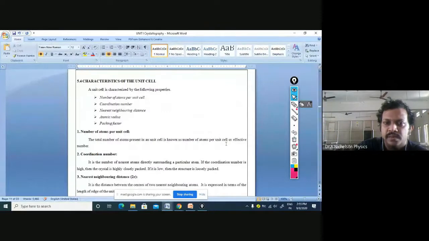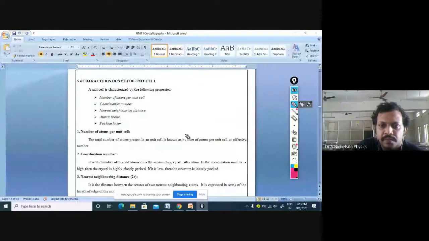So next one is coordination number. This is the number of nearest neighboring atoms surrounding a particular atom. If there is one atom, how many atoms are nearby that particular atom? That is said to be the coordination number. While I explain with the help of a particular structure, you will get a clear picture. So just follow what I am saying.